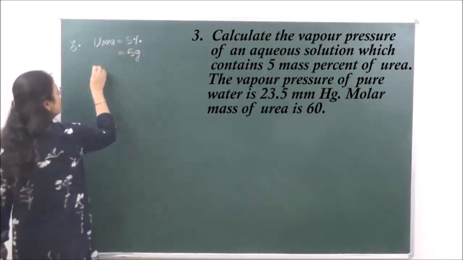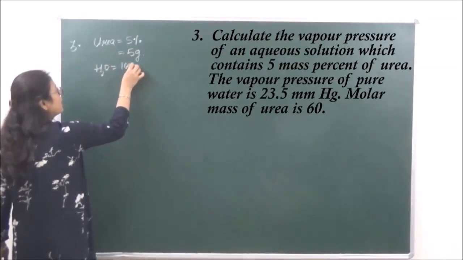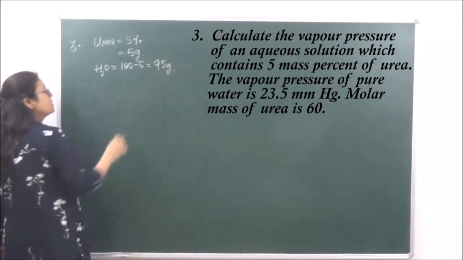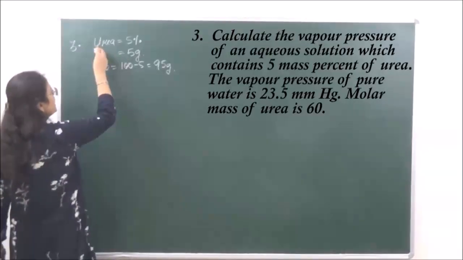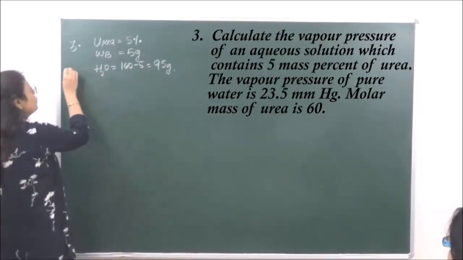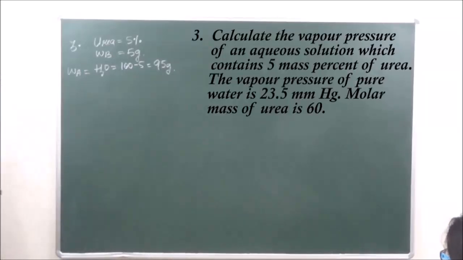Then if this is 5 grams, then amount of water present will be what? 100 minus 5 is equal to 95 grams. Right? So this urea is WB and amount of water is going to be equal to WA. WB and WA are given.